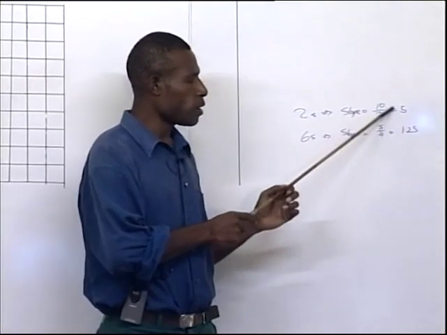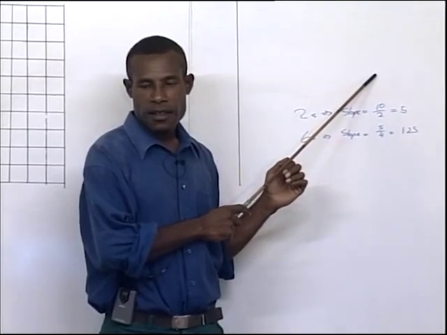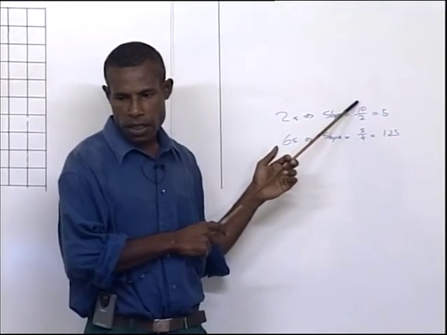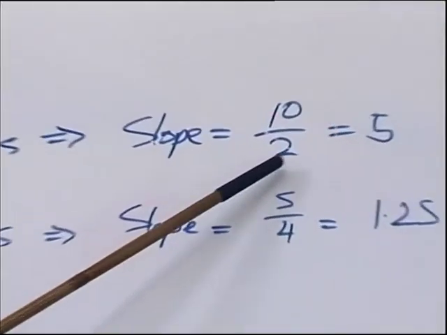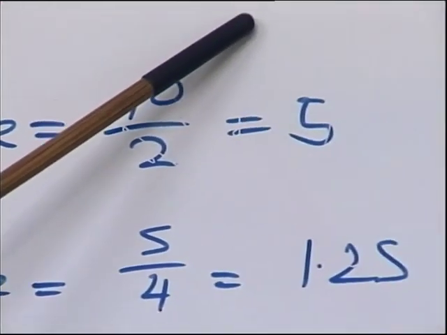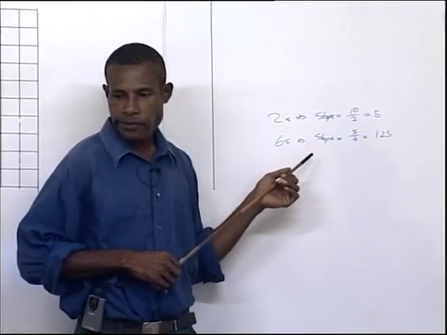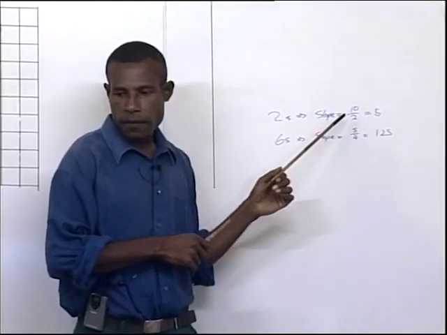So the rise is 10 minus 0 in the first 2 seconds, that is 10 minus 0 divided by 2 minus 0. So our answer is 5. 5 is the constant of proportionality, or simply the constant or the slope at that point. And for question number 2, she has done that also, and that is the slope at 6 seconds.